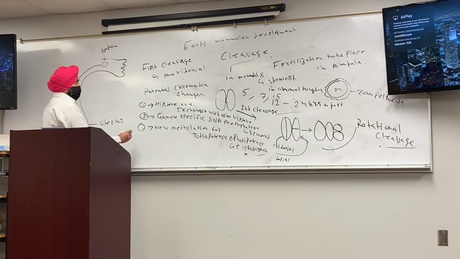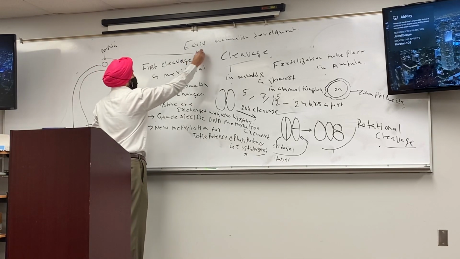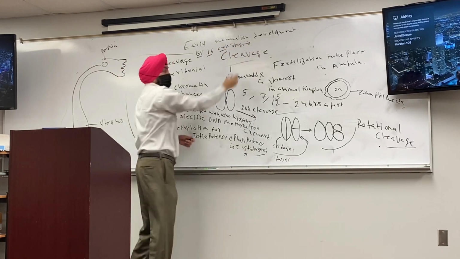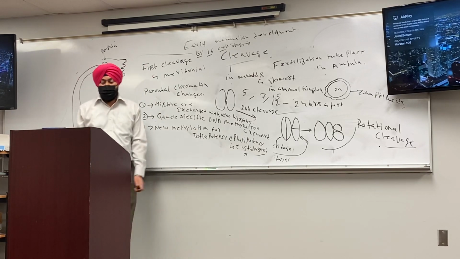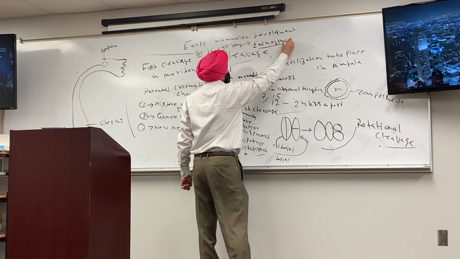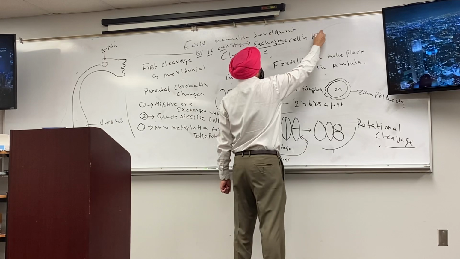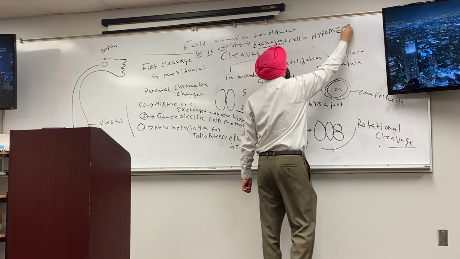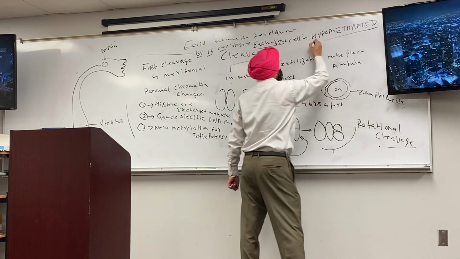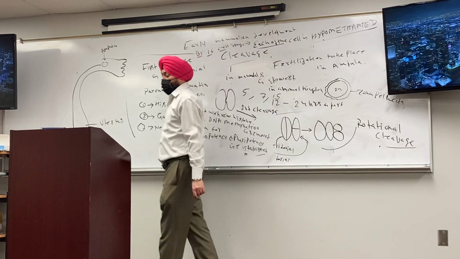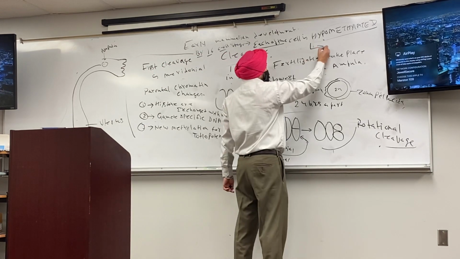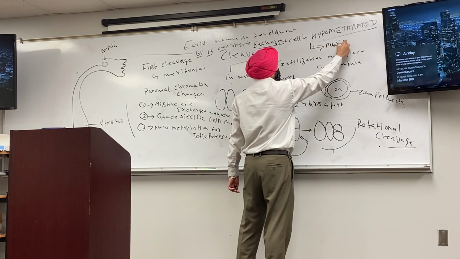Now what happens by the 16 cell stage? Each of the cells is essentially hypomethylated, which means these are essentially pluripotent cells.